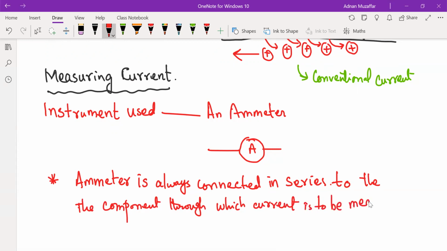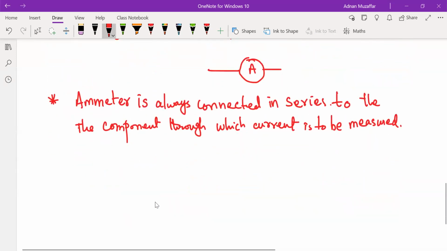What is the meaning of component? Component can be any lamp, a resistance, a thermistor, whatever is connected in the circuit. If you want to find out the current flowing through that component, you should connect an ammeter in series. For example, suppose there is a lamp here. The symbol for a lamp is a circle with a cross in it.